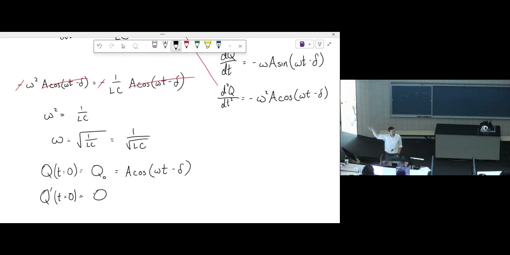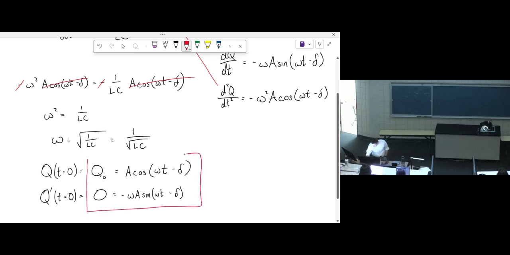That's our definition of maximum all the way back from Calculus 1. Which means that minus omega A sine omega t minus delta is equal to 0. So we now have these two equations with two unknowns to help us determine what A and delta are.